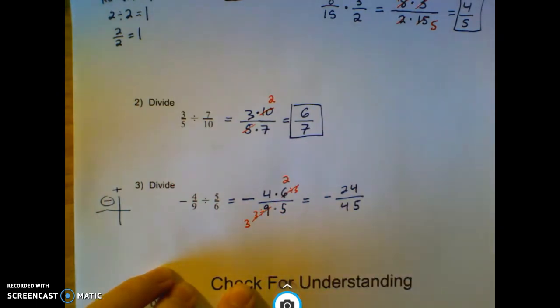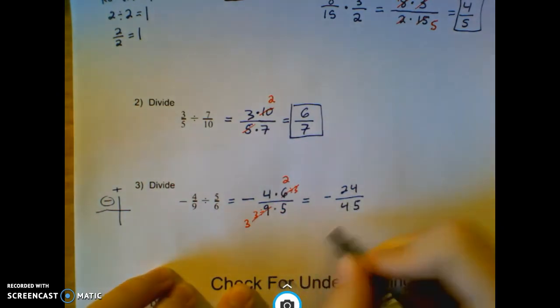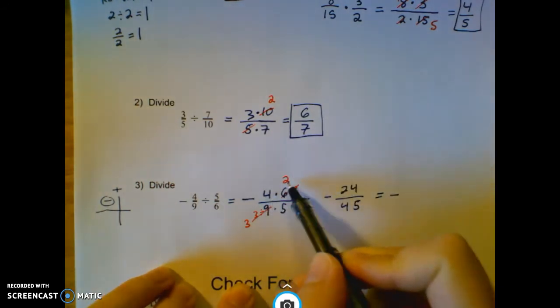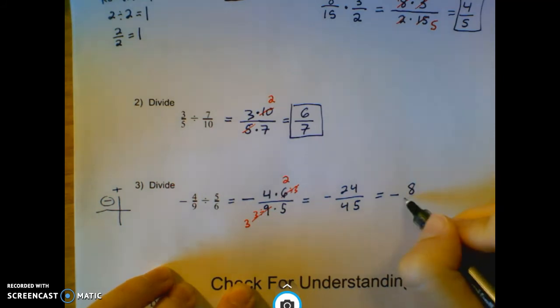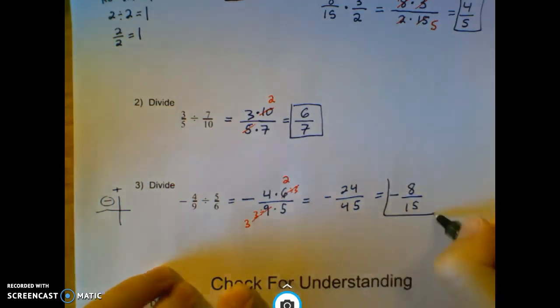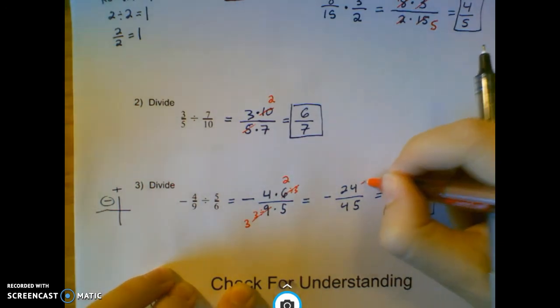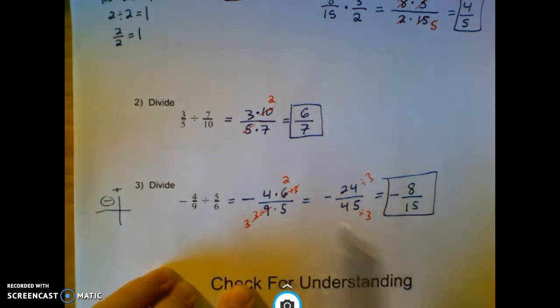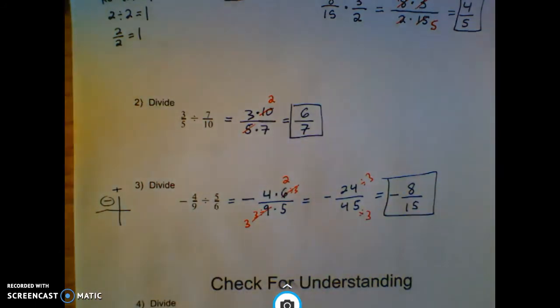So I can just go right through and I can see 4 times 2 is going to be 8. 3 times 5 is going to be 15. I could have done the same thing here, just divide by 3 there. But if I want to do it earlier, it'll make the process go faster.